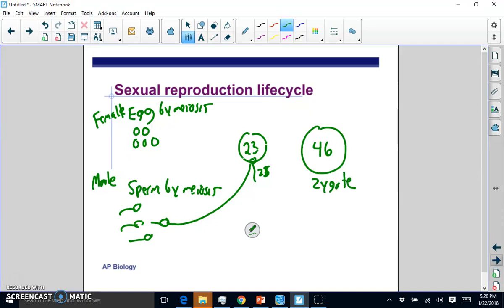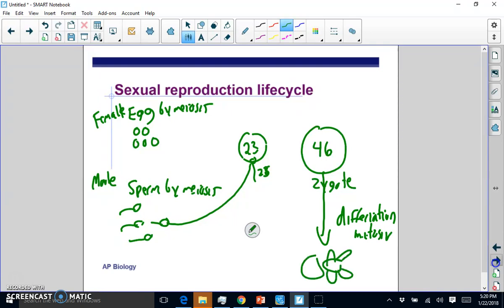It's getting half of the chromosomes from the female and half of the chromosomes from the male to produce a zygote, which has 46 chromosomes. And then through differentiation, turning genes on and off, and dividing by mitosis, you're going to get, and this is a sad excuse, a baby.